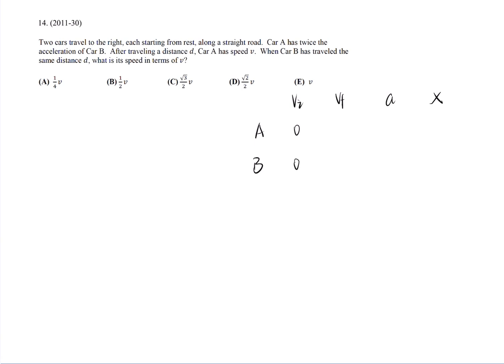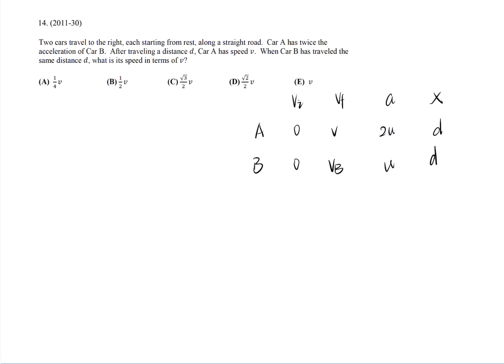For car A, it reached a final velocity of v. For car B, it's v sub b. Since A has twice the acceleration as B, if B is u, then A is 2u. They both travel the distance of d.